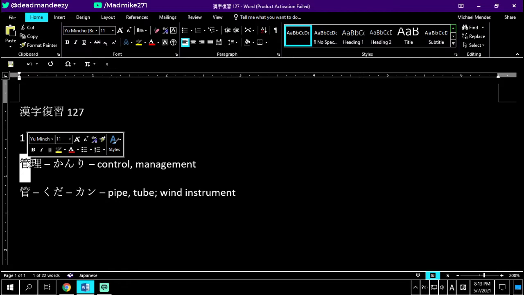Pipe, tube, or wind instrument, as in kanri. Pipe and tube or wind instruments, logic. Kanri. Control or management. Kanri. Control or management.